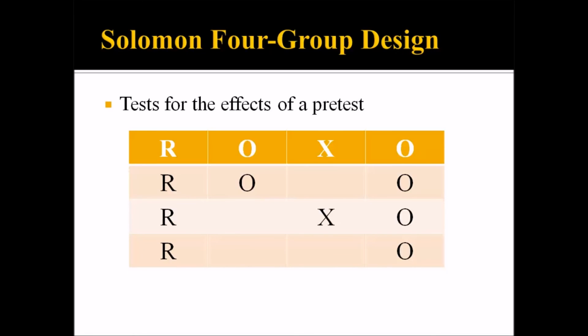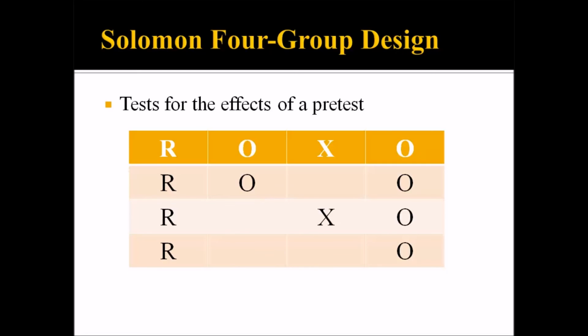So then I want to show you one last design, which is called a Solomon 4-group design. Now if you look at the first 2 rows, you can see that it's identical to a true experimental design. And if you look at the last 2 rows, you can see that's equivalent to a 2-group post-test only.